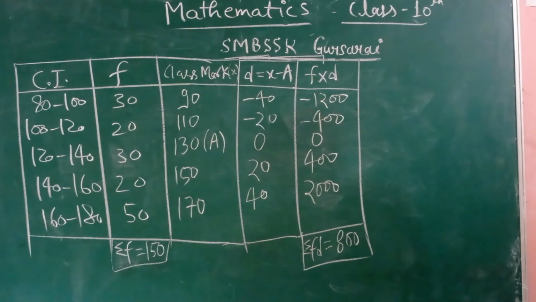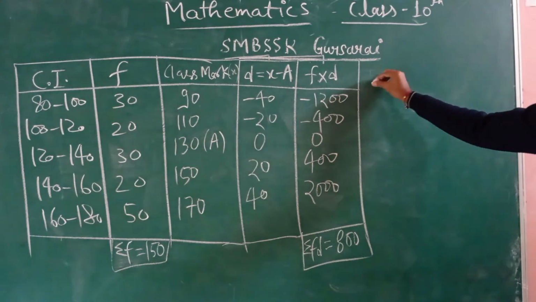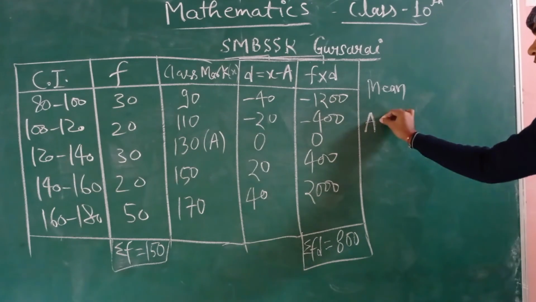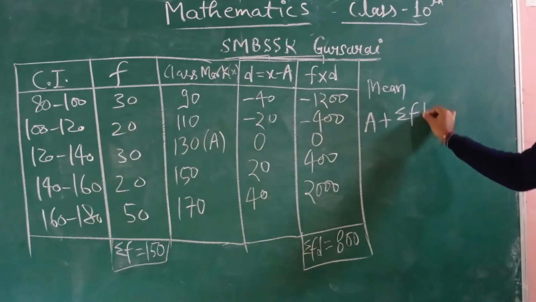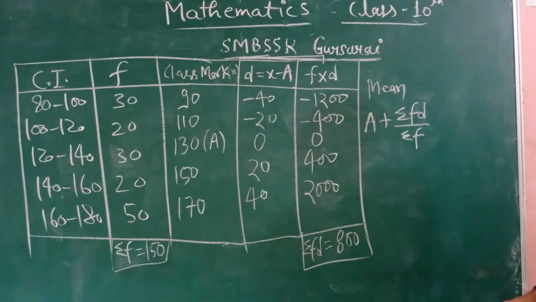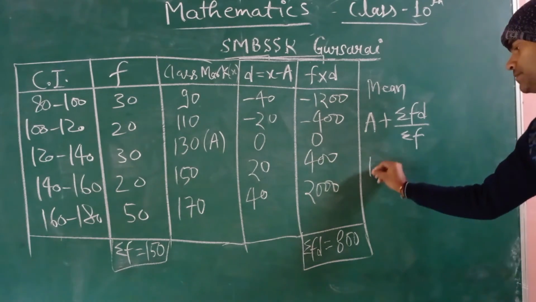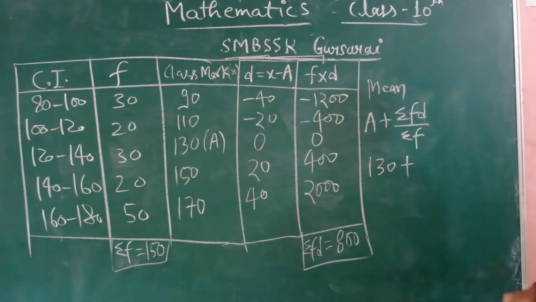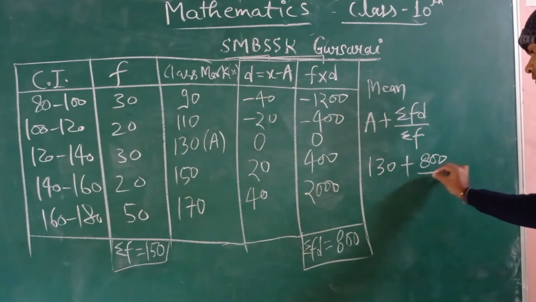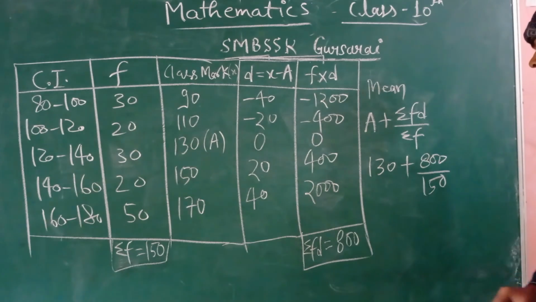Hence, the mean in the case of the assumed mean will be a plus sigma fd upon sigma f. A is 130 and sigma fd is 800 upon 150.